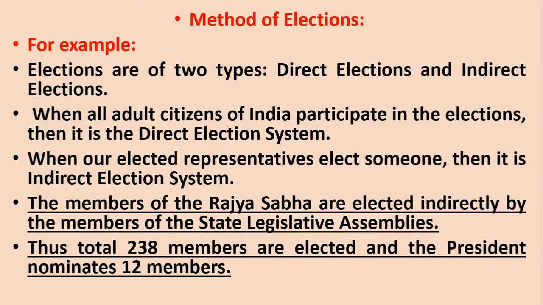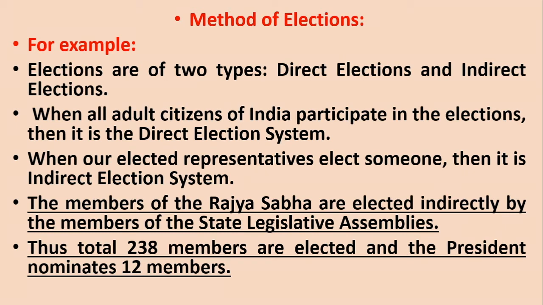Now I will discuss about the method of elections. I hope you know there are 2 types of elections, direct elections and indirect elections. When all adult citizens of India participate in the elections, then it is the direct election system, because all the citizens of India vote for the candidate of our choice. But when our elected representatives elect someone, then it is indirect election system, because here we are not involved directly.